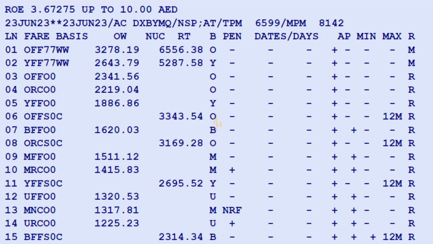In this example, Amadeus GDS is used to illustrate the fare code display for economy cabin fares from Dubai to Montreal on Air Canada. You can use any GDS system or passenger tariff book.